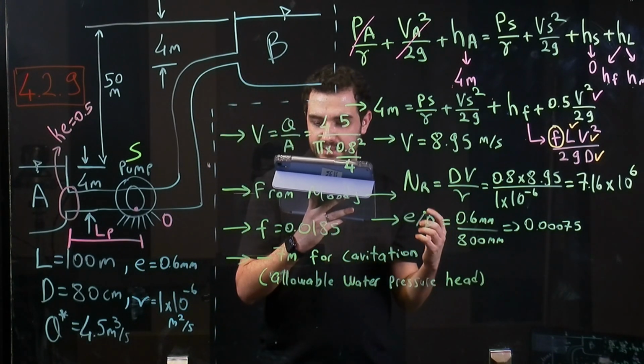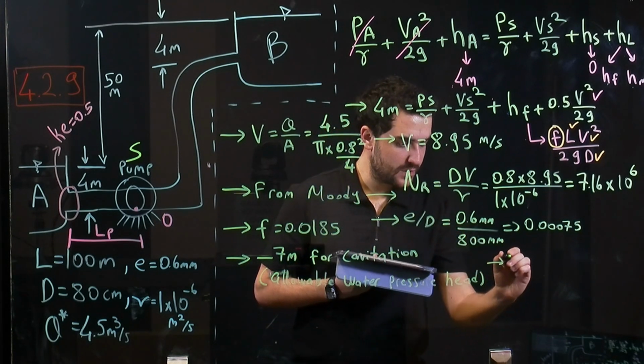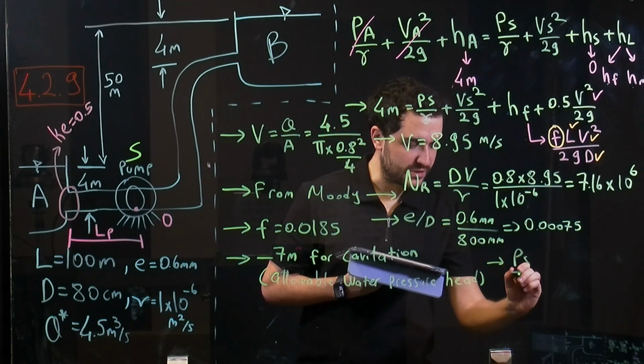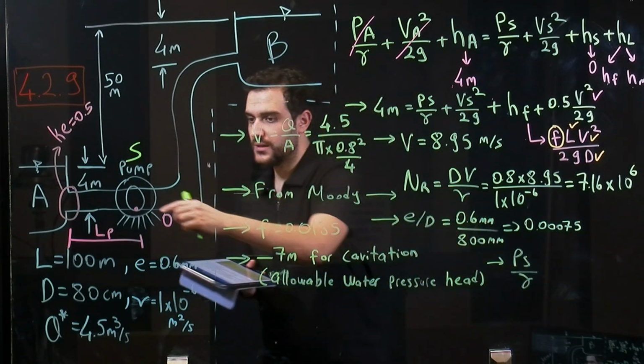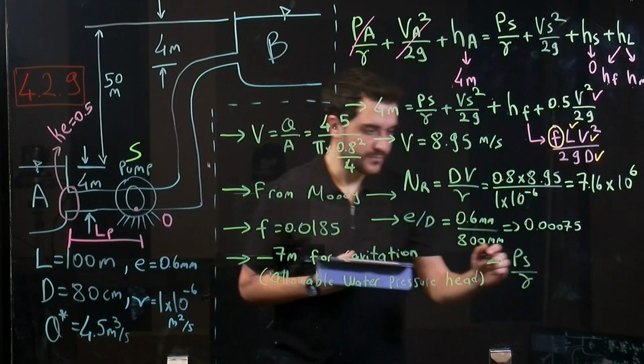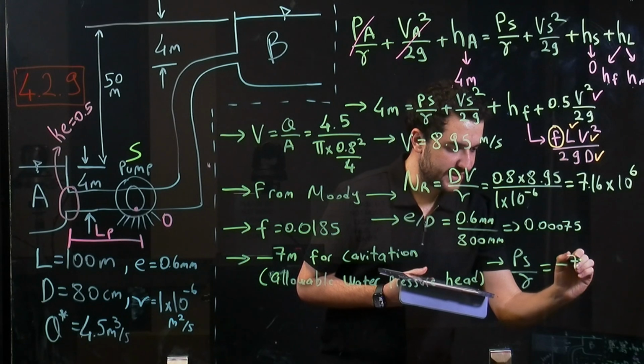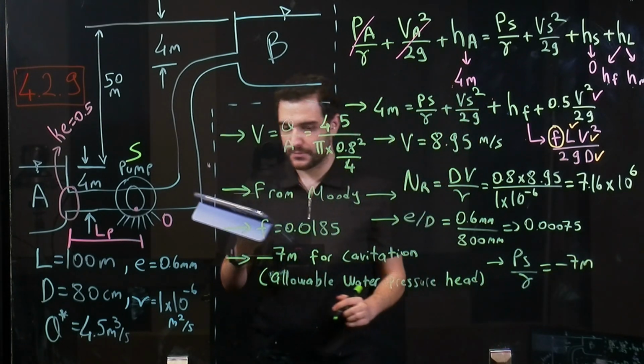So this means that PS over gamma, which is pressure head at this point, should be minus 7 meters.